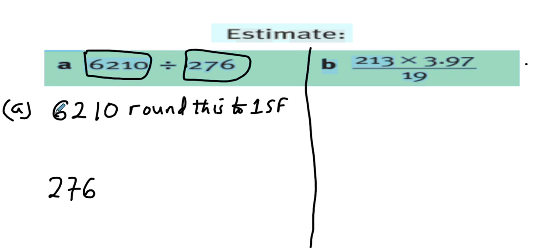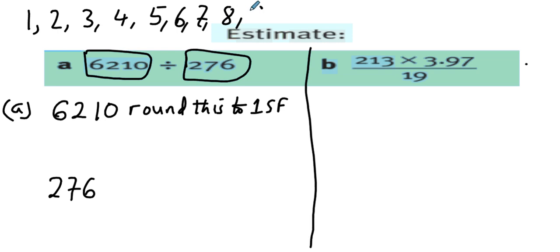Now, one significant figure, you remember what I said about significant figure? Significant figures are digits like 1, 2, 3, 4, 5, 6, 7, 8, and 9. 0 is not a significant figure. Zero will be a significant figure if it is located between these digits here. Maybe you have 1, you have 9 here. If you put 2 zeros, these 2 zeros will be counted as significant figures.